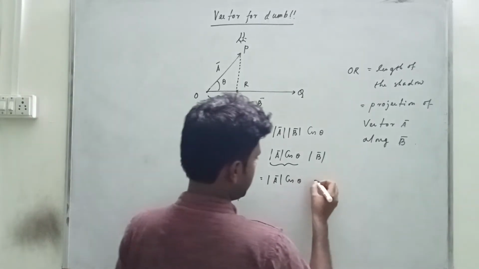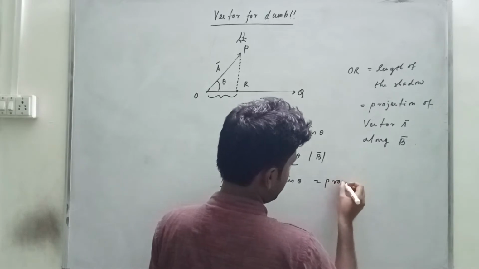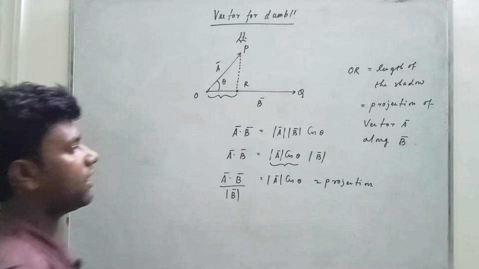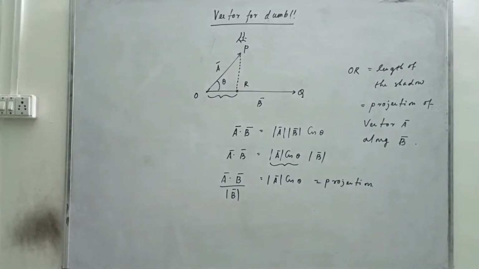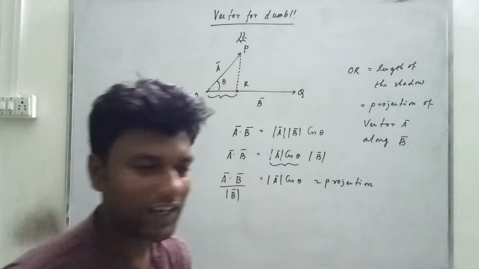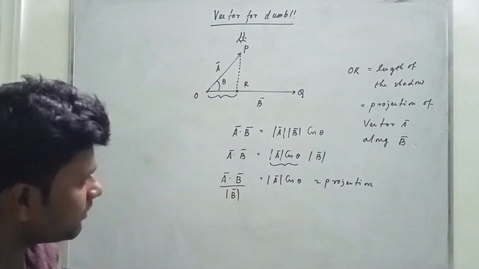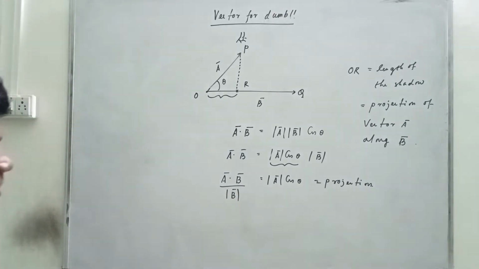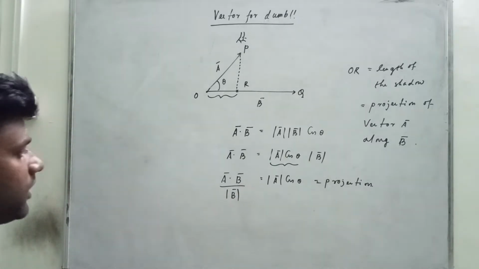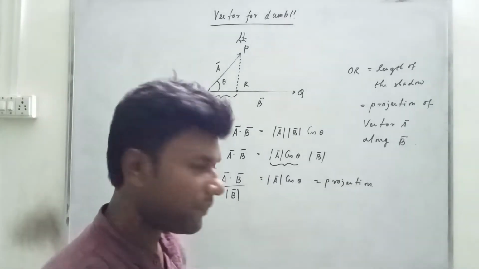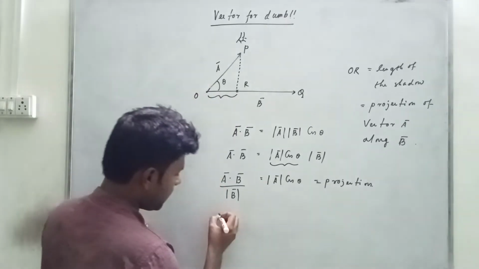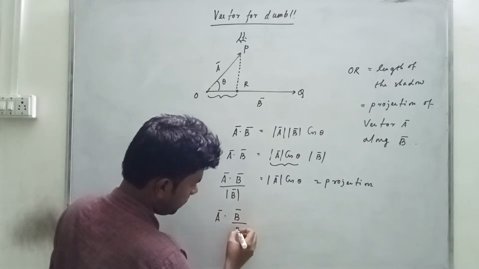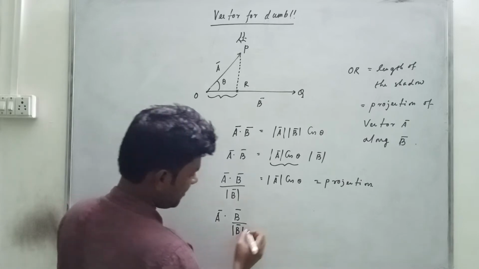It is actually a projection, right? Projection of vector A along B, that means the length of the shadow. It's a very simple case. The length of the shadow means a projection. This is actually the vector A dot vector B by the magnitude of vector B. And you can write A dot B vector by magnitude of B. It's very simple.